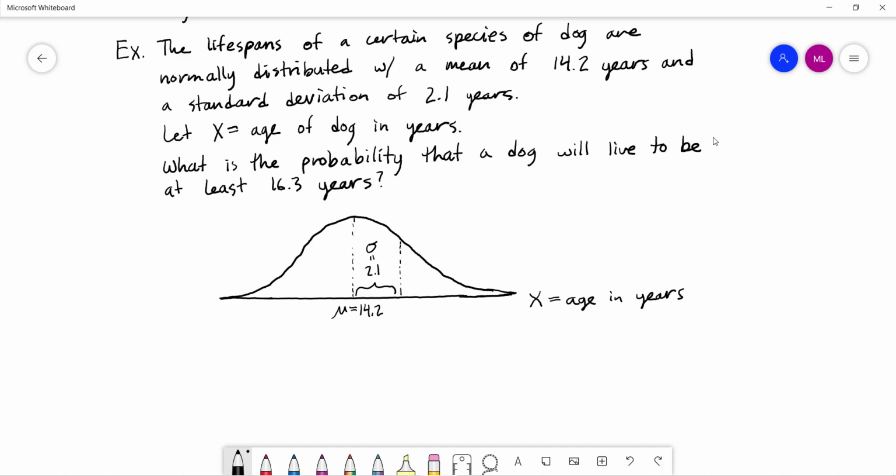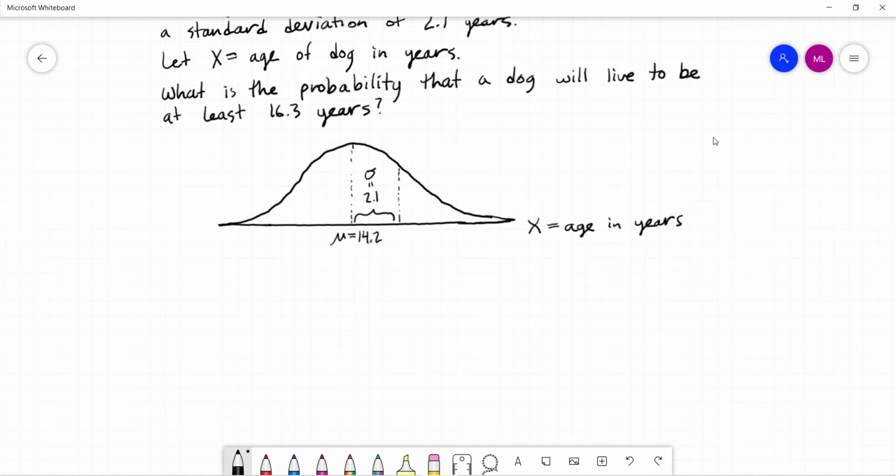Well, the question is, where does 16.3 fall on this graph? Does it fall over here? Does it fall over here? Does it fall over here? Where does 16.3 fall? And then we can use the area associated with wherever it falls to figure out this probability.